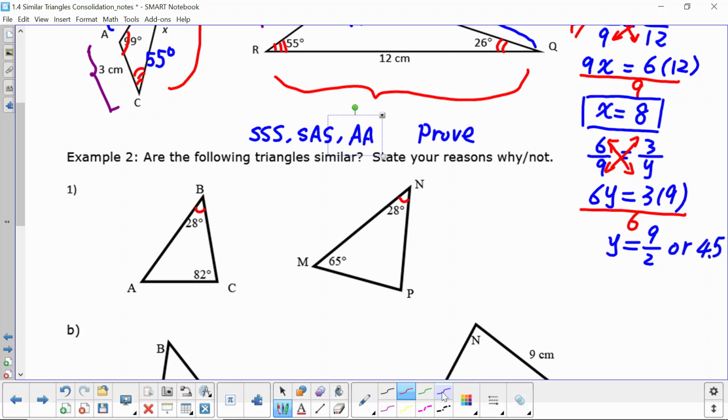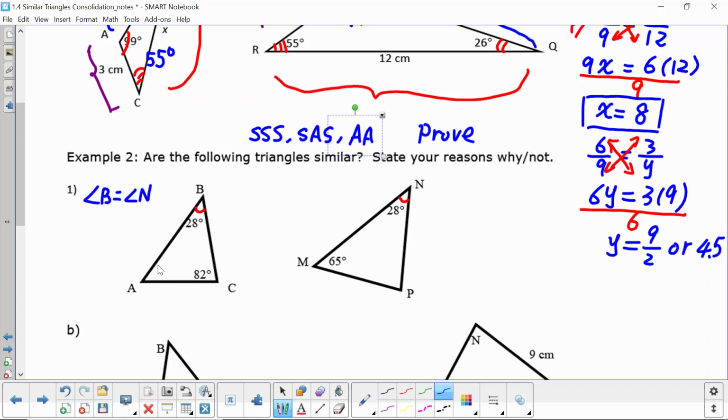We have one pair of angles equal. Then we are going to see if we could find other corresponding angles equal. So in this one, you have 28, 82. We want to find this angle.